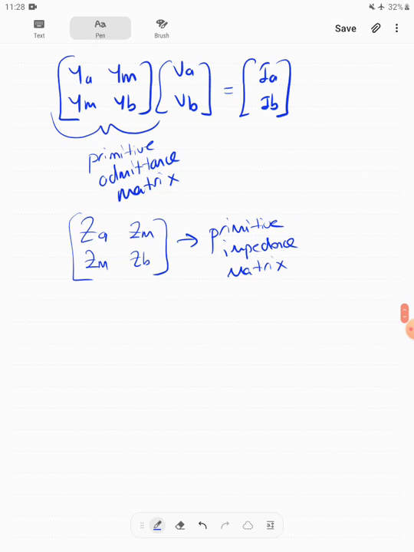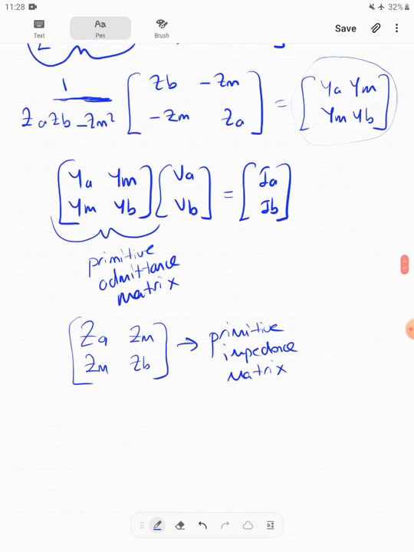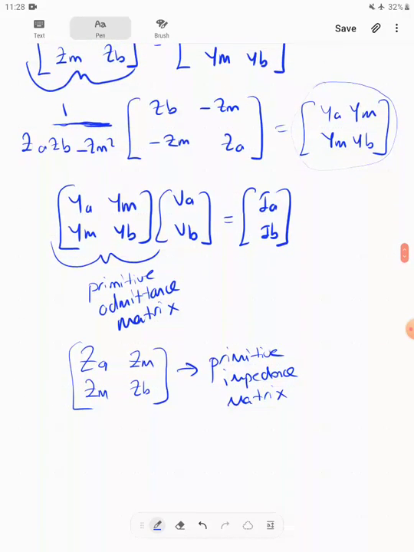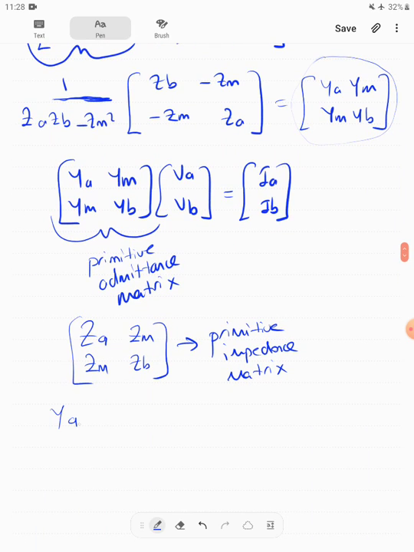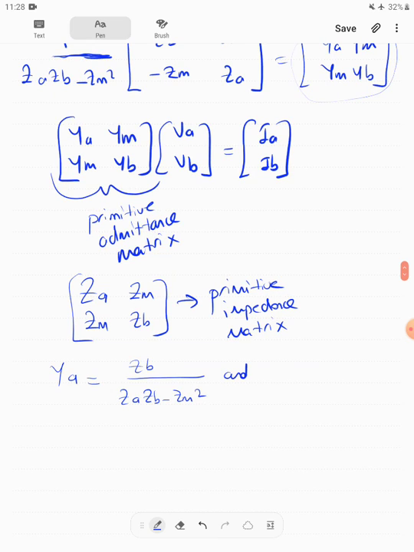Now, if we want to write each term of the primitive admittance matrix separately, we can write YA is equal to ZB over ZA ZB minus Zm square, and similarly YM will be equal to minus Zm over ZA ZB minus Zm square.